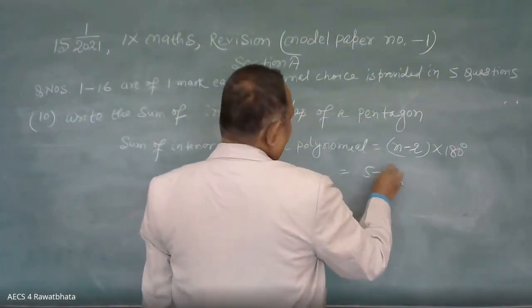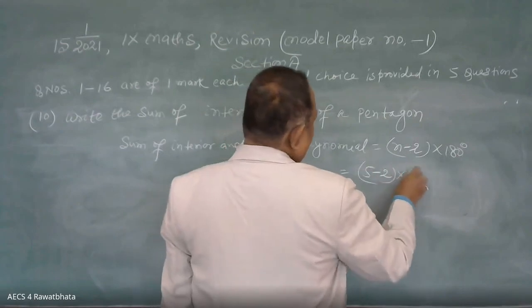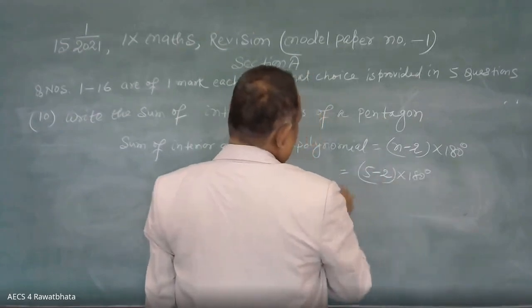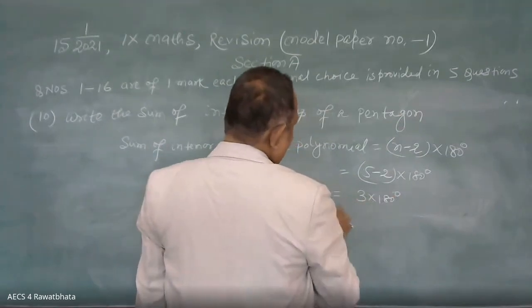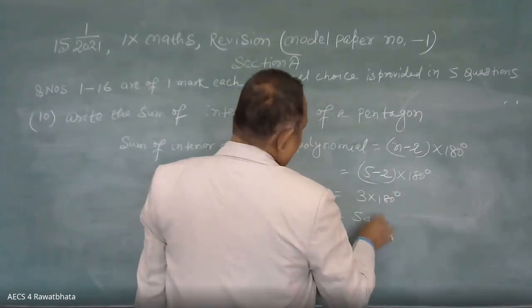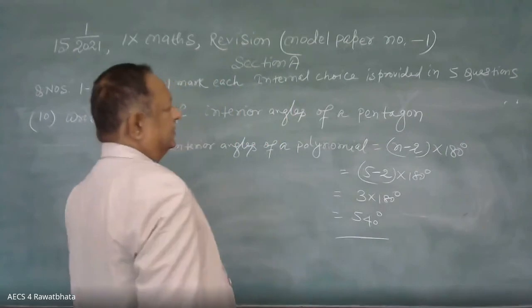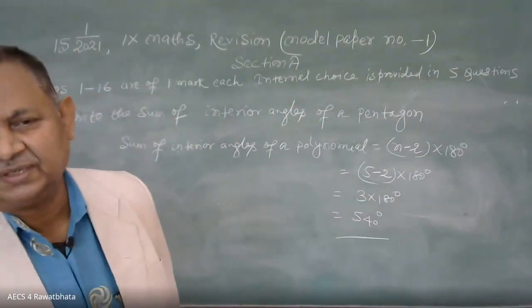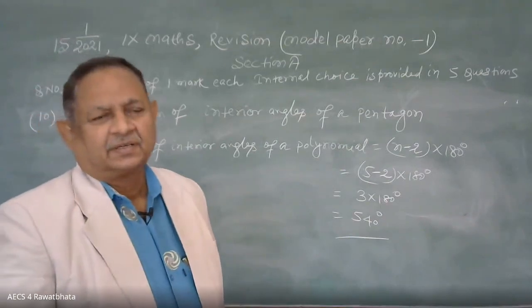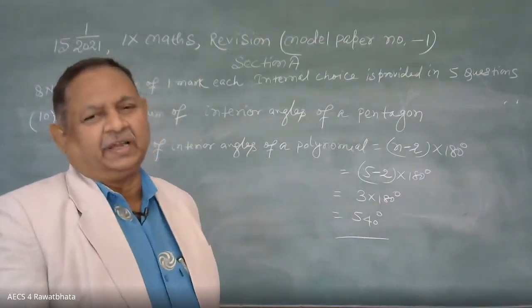So 5 minus 2 into 180 degree. So 3 into 180 degree, 540 degree. So your answer is correct, 540 degree.